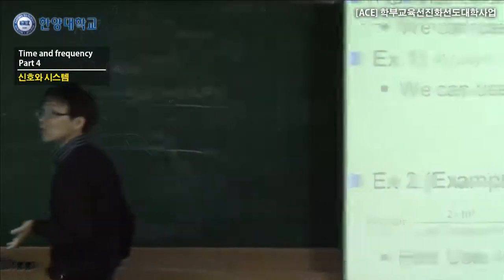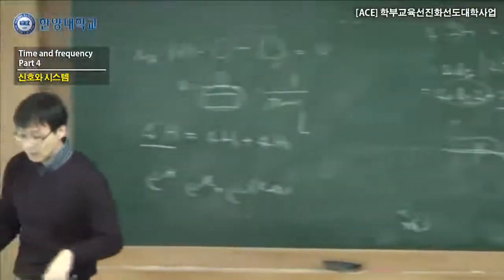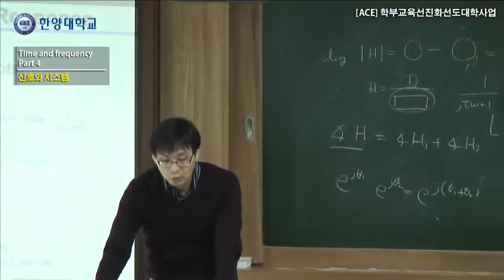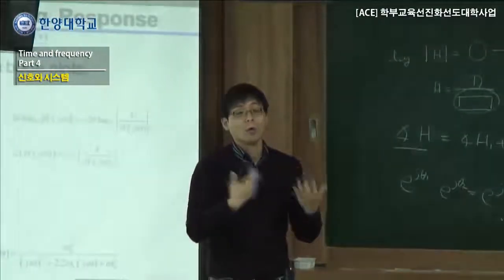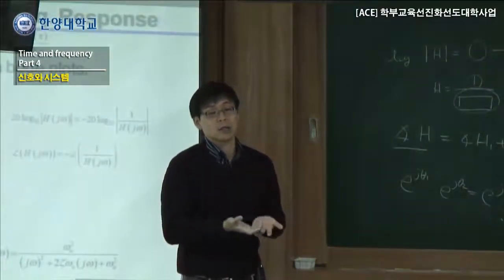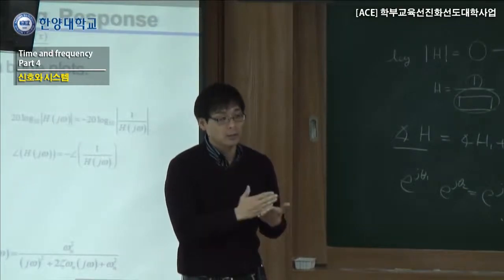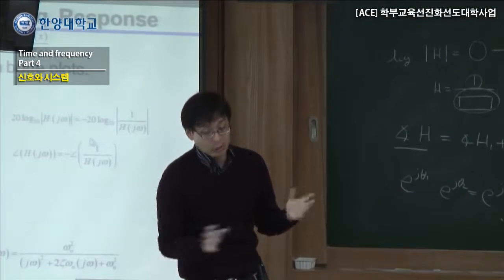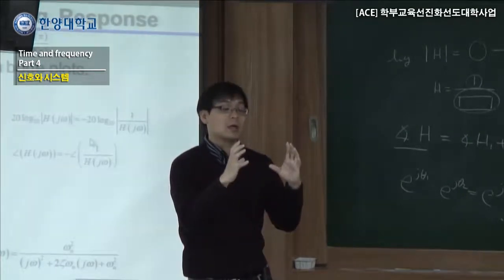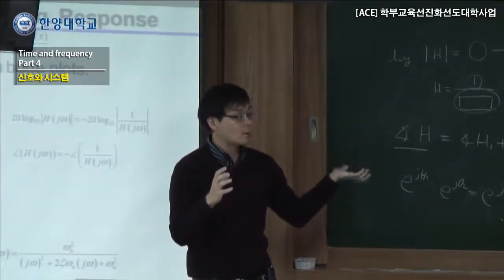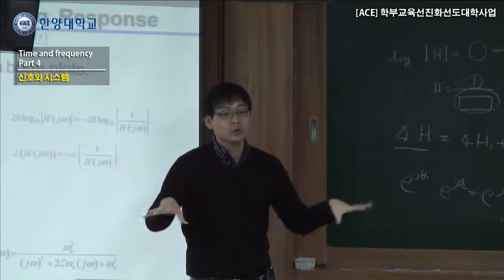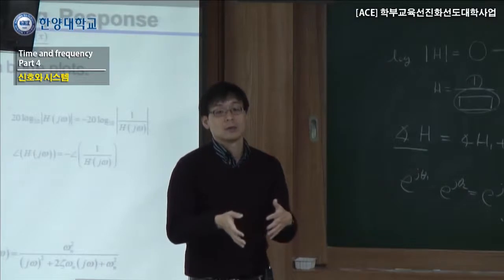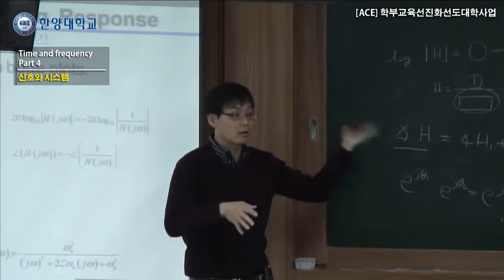So what this says is, in case of a rational function, you don't have to calculate the whole Bode plot from the basics. If you know one Bode plot, you can take the minus, plus, or divide them. For example, if you have a second order system, you can divide it into two first order systems, add the phase, add the amplitude in log.